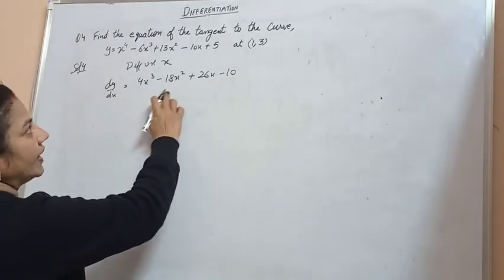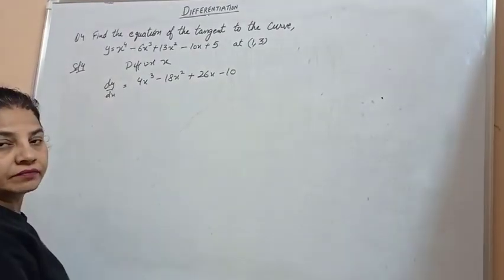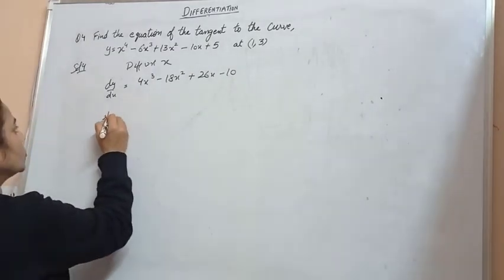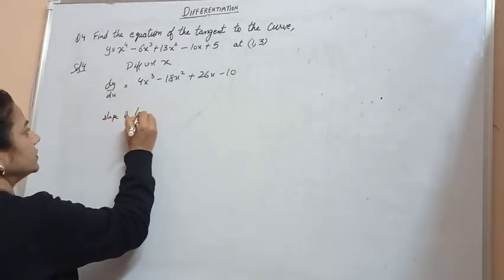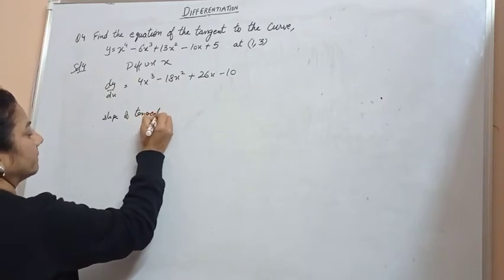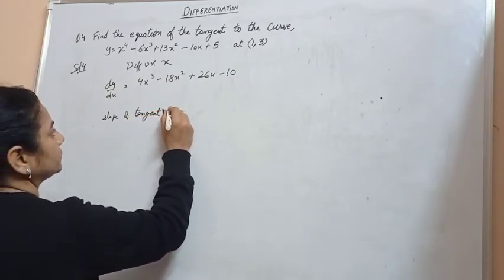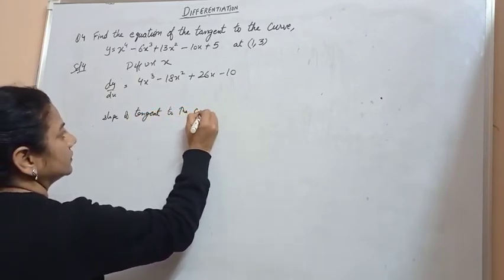Put the value of x as 1 to get the value of the slope of the tangent to the curve.